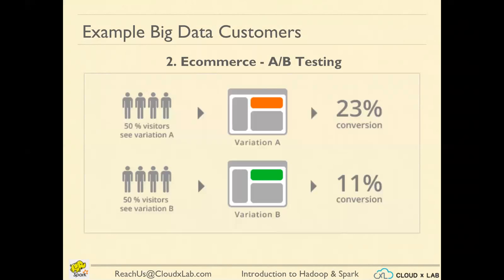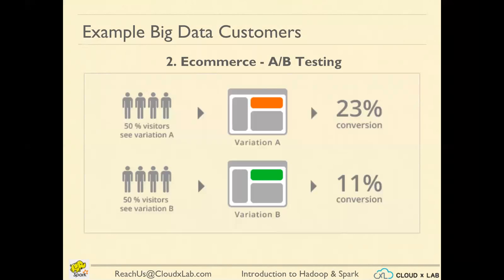Instead of arguing about red and green, the general strategy is that for 50% of the users, or for some users, we will show red, and for some users, we will show green. Based on the conversions, we will decide which color is better, whether green or red.